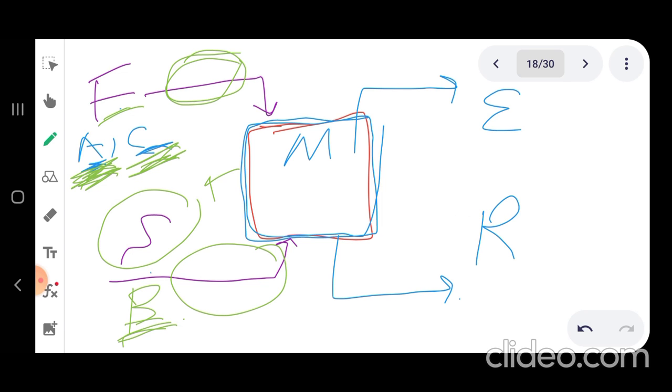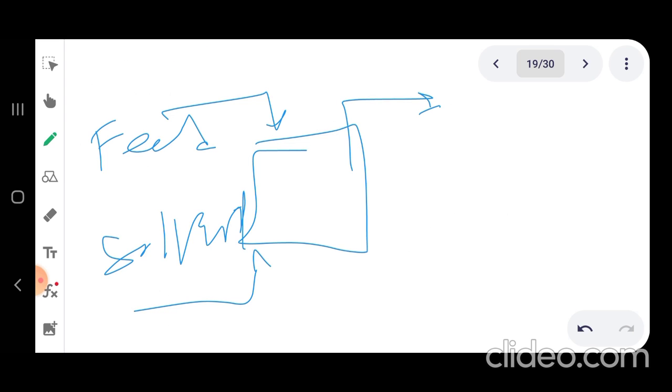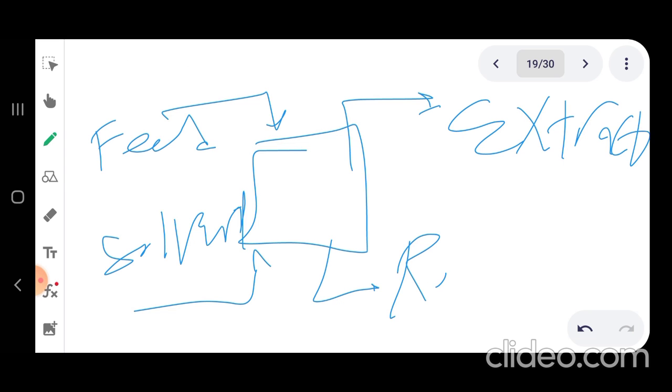To better illustrate the concept, we have this vessel, we have a feed stream, and we have a solvent stream. Then we have the output as extract stream and raffinate stream.